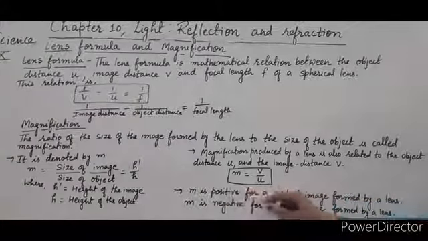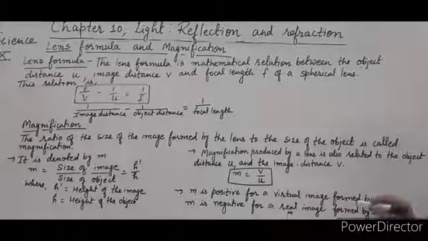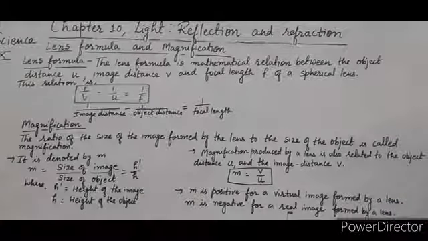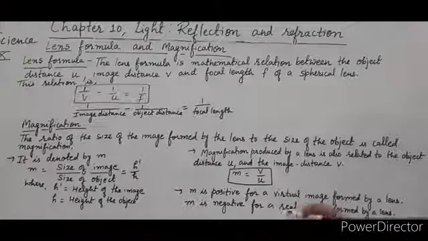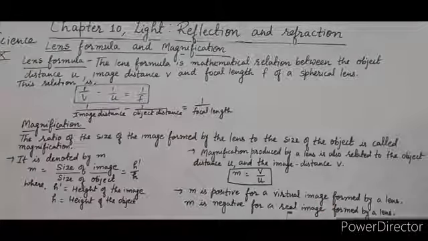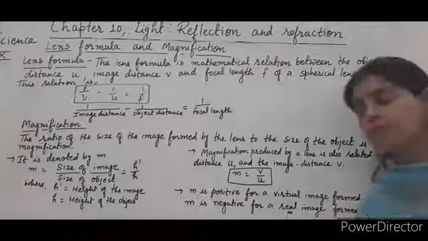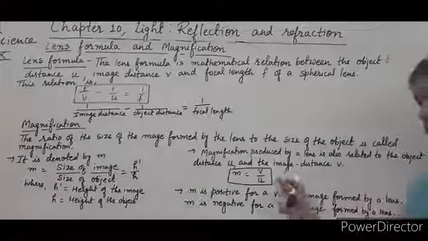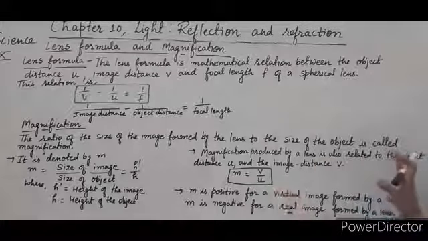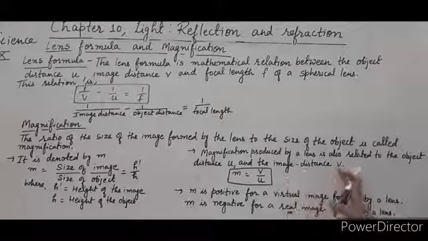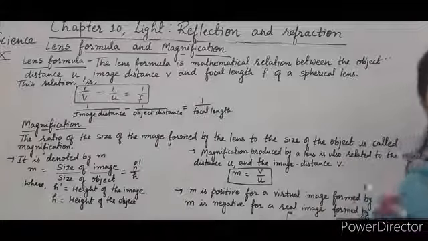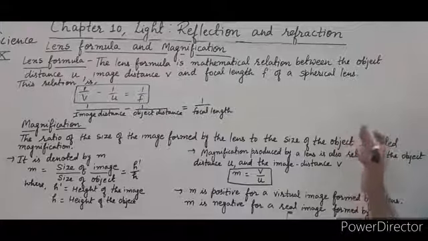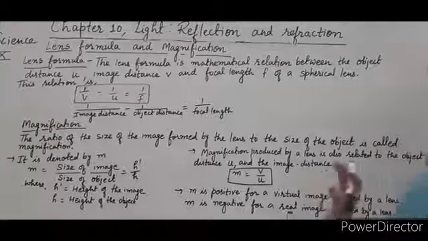Magnification is positive for a virtual image formed by a lens, and m is negative for a real image formed by a lens. Students, we have to keep all these signs in mind while solving the mathematical sums based on the lens formula and magnification.